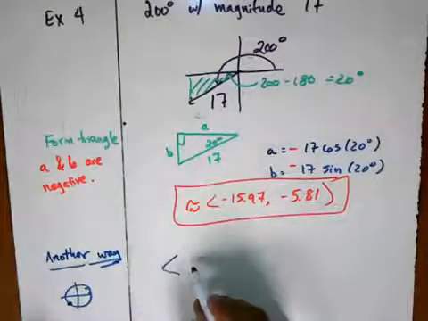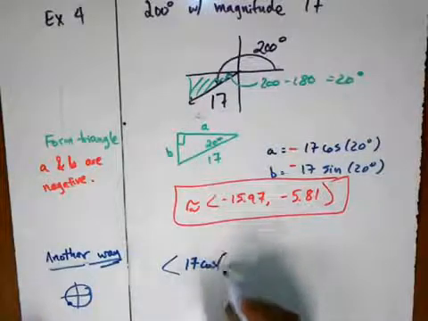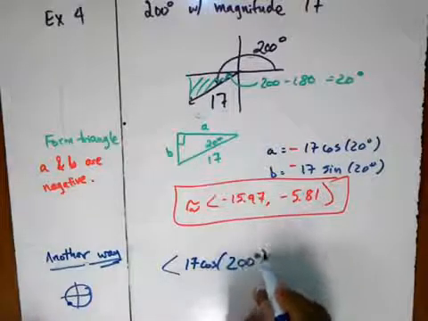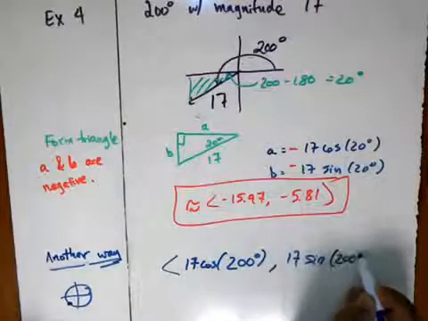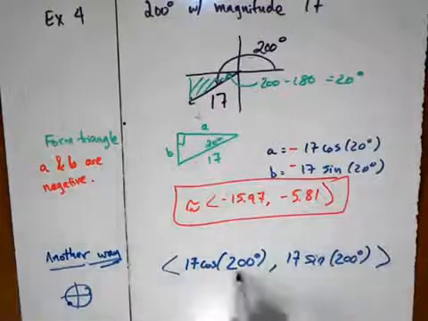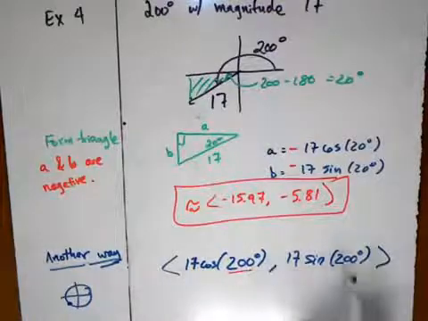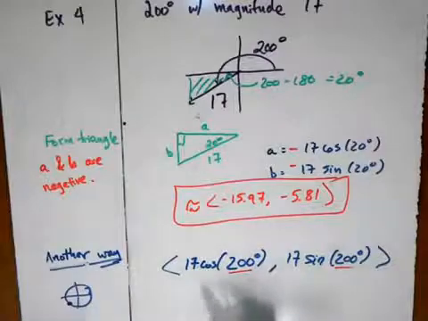So you could have also just done 17 cosine 200 degrees and then 17 sine 200 degrees, and that'll give us the exact same result, because the negative is sort of taken care of by this angle right here. This big angle here, you know it's going to have a negative x and a negative y.